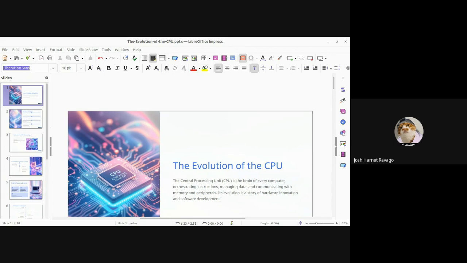Together, these elements explain why today's processors are orders of magnitude more powerful than early machines while maintaining backward compatibility, supporting complex software ecosystems.